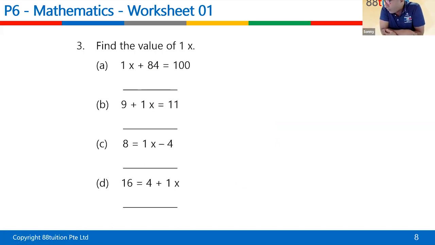Find the value of 1 times x plus 84. So tell me what's the value of that. You guys can work it out.